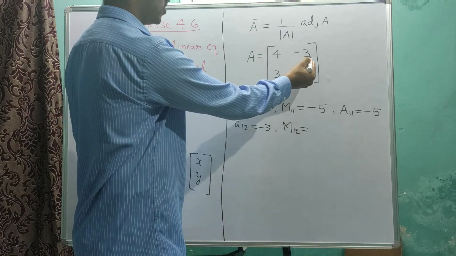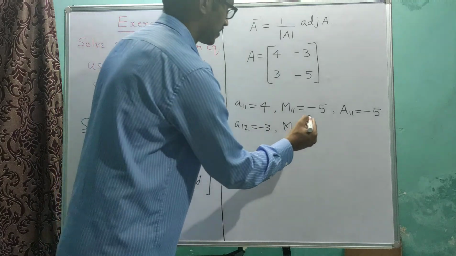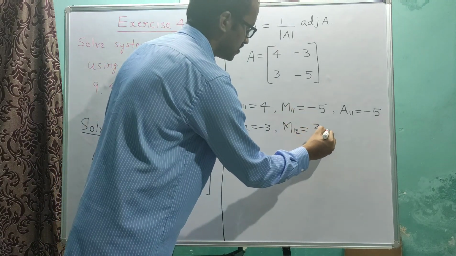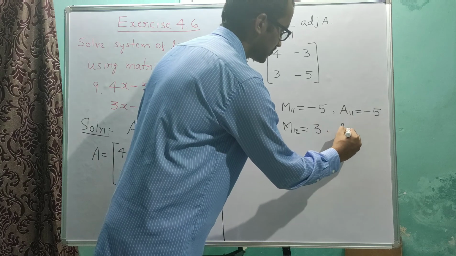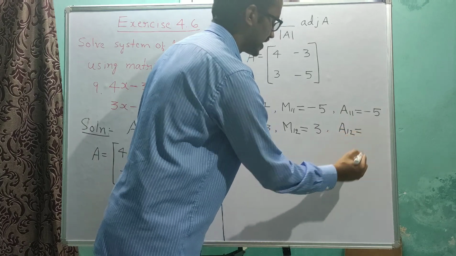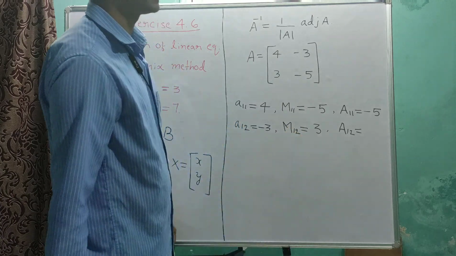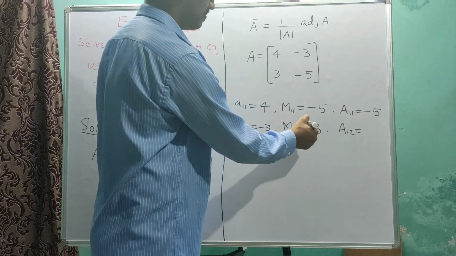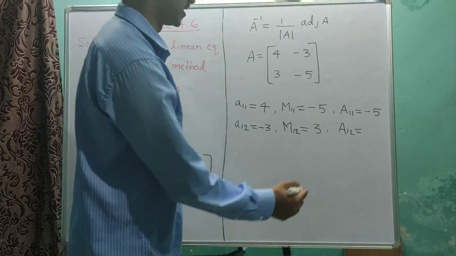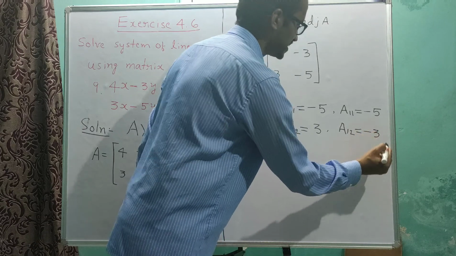The diagonally opposite element for minus 3 is 3, and its cofactor is A12. Again the sum of the suffixes, 1 plus 2, becomes 3, which is odd, so the cofactor will be the negative of the minor. So A12 value becomes minus 3.